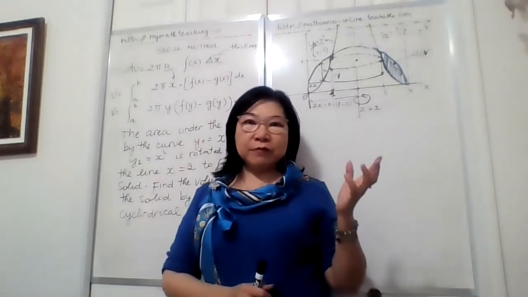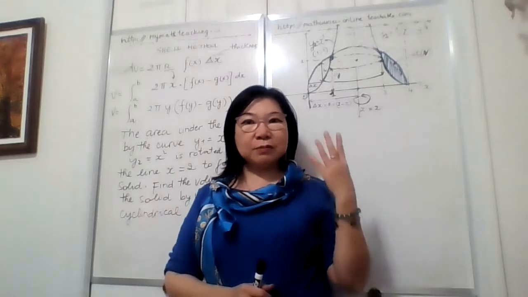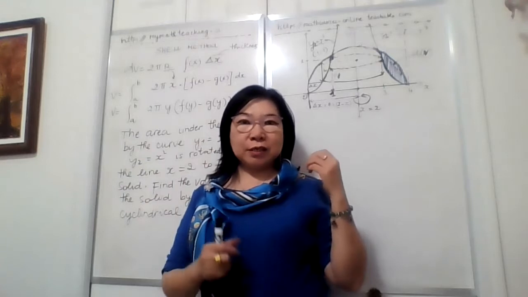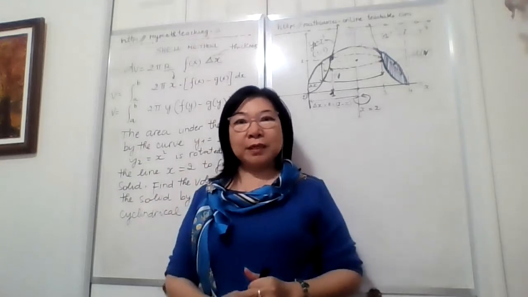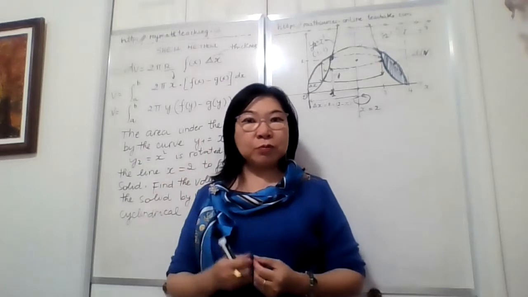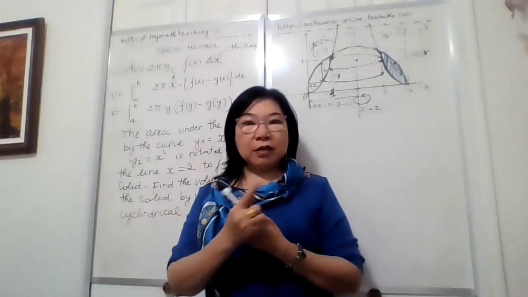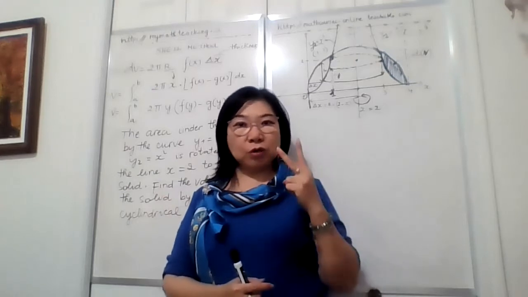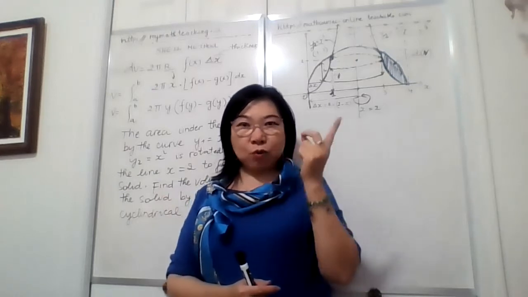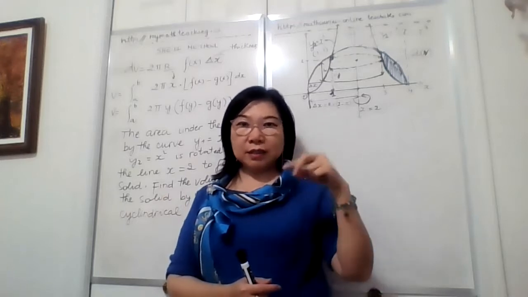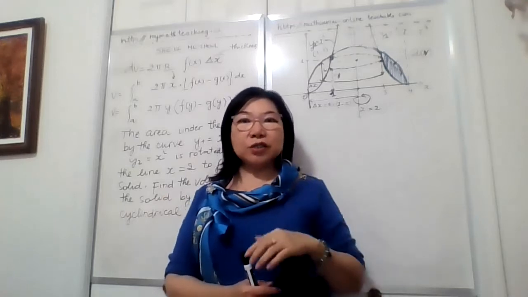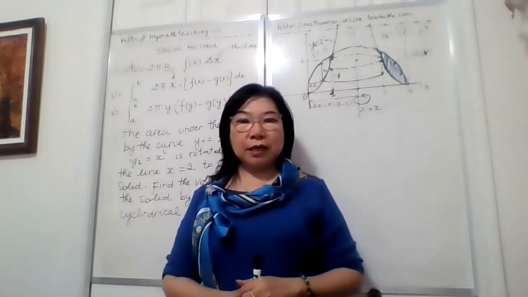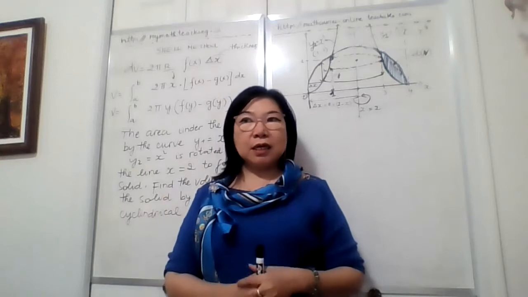In my previous video, I was explaining the concepts, how the formula is derived, and how to form a volume by revolving the region between one curve or two curves about the y-axis as well as the x-axis. So I showed you the concept and explained in detail.